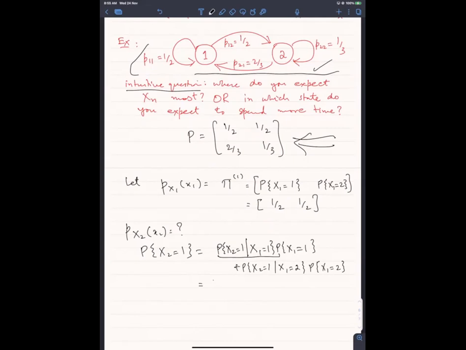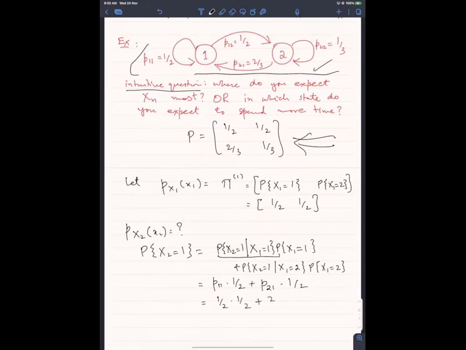I apologize. This is P11 into probability x1 is equal to 1 plus P21 into 1/2. So this is equal to what is P11? So this is 1/2 into 1/2 plus P21.